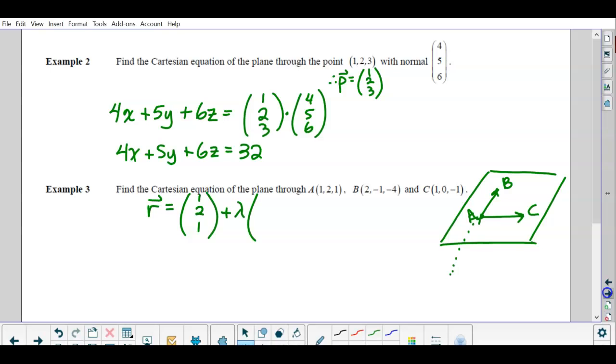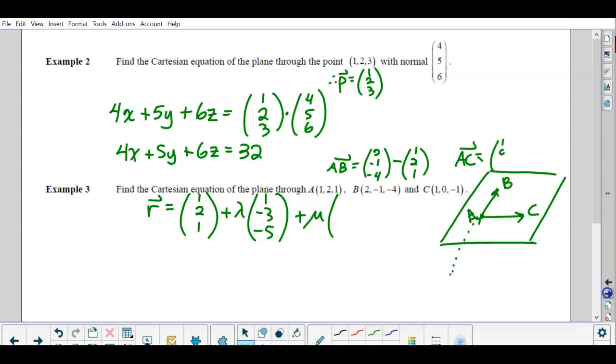For one of my direction vectors, I'm going to do AB. AB would be (2, -1, -4) minus (1, 2, 1), so that's going to be (1, -3, -5). And then AC would be (1, 0, -1) minus (1, 2, 1).